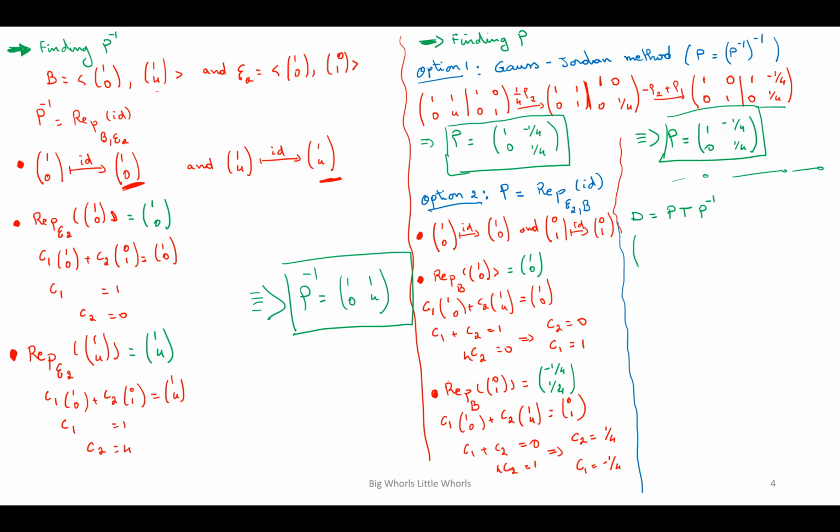So we have eigenvalue 1, 0, 0, eigenvalue 2 equals our P, which is (1, 0), (minus a quarter, a quarter).